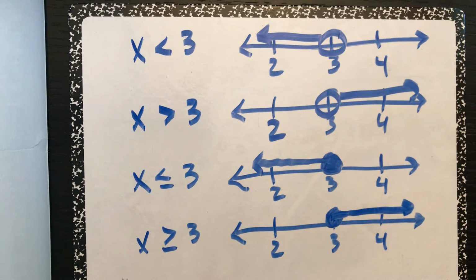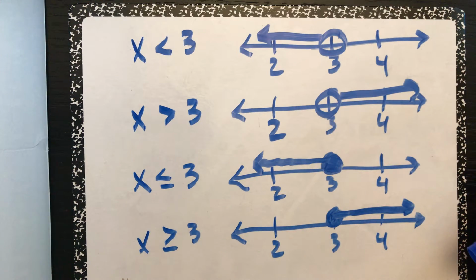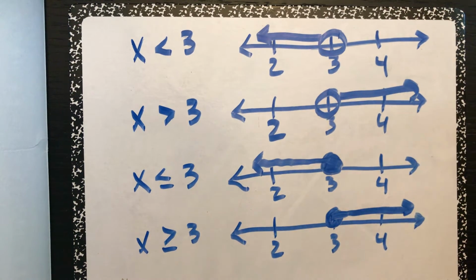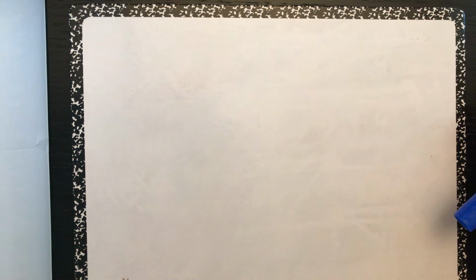Now, sometimes they'll give you inequalities and tell you to graph, and sometimes they'll give you the graph and tell you to write the inequality, all right? So let's just look at a few problems. Sometimes they'll give you words and they'll say, what algebraic inequality represents all real numbers y that are greater than or equal to 12?